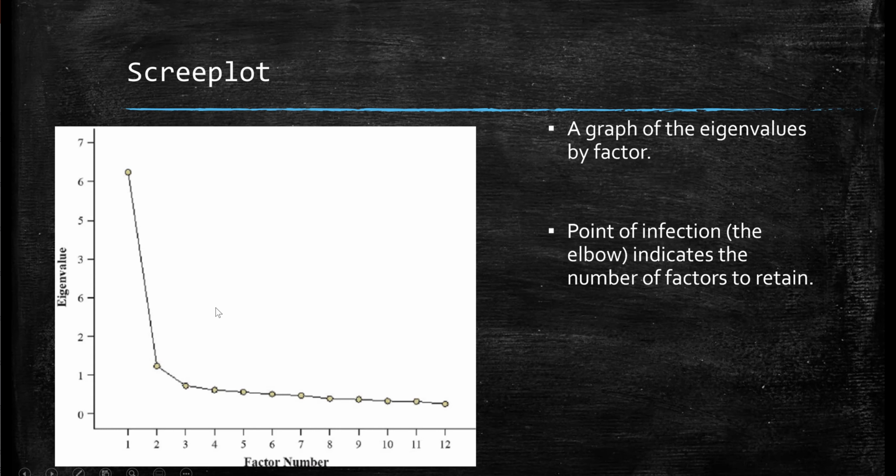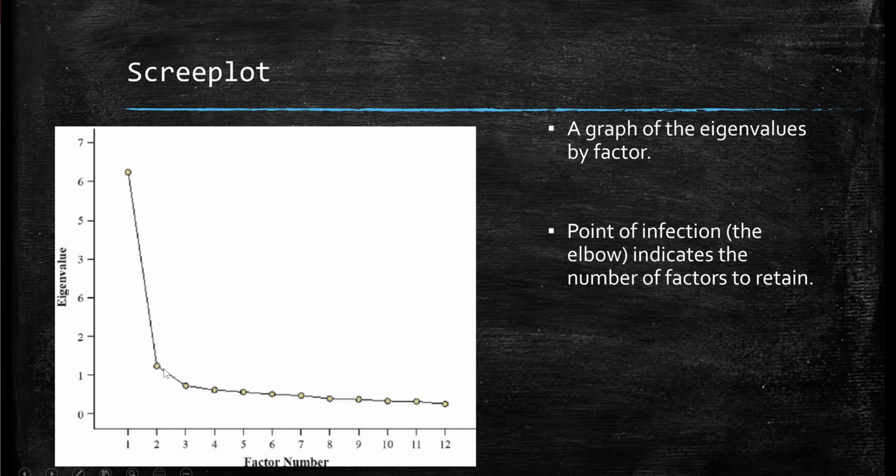Now, the number of factors to retain is going to be primarily based on the eigenvalues, but you also have to look at the factor loadings themselves to determine, well, what is the meaning of the factors. So if you interpreted the meaning of the variables that formed this factor, and you used that to form a definition and a label for the factor, you would obviously retain this one.